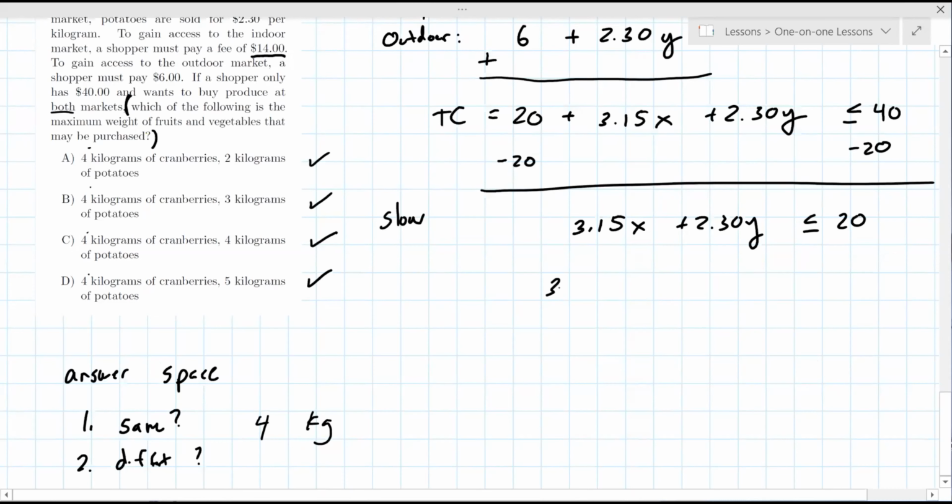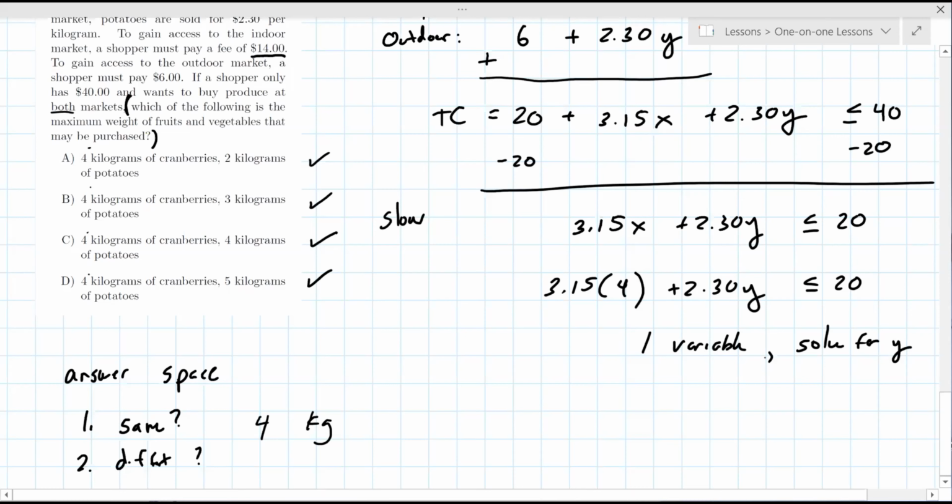So we know that's a given, $3.15 times 4 plus $2.30 Y. What's different? They go up by 1 each time. Now, how many variables are in this equation on the right? One variable, which means we should be able to solve for Y.